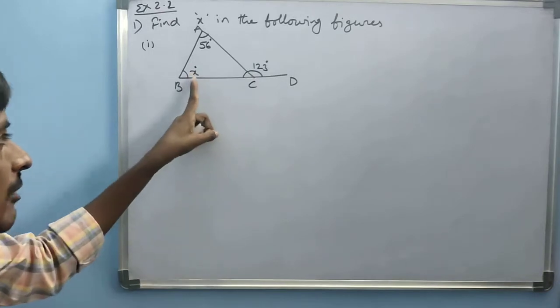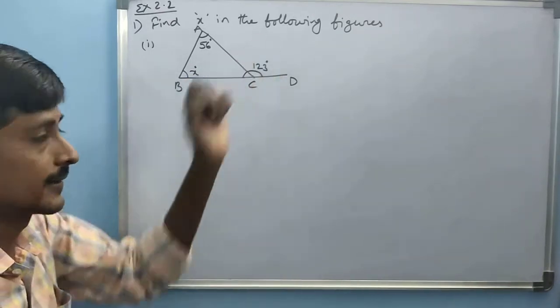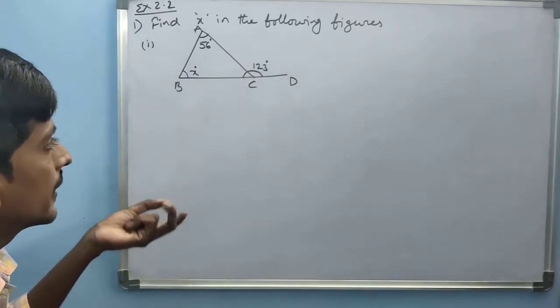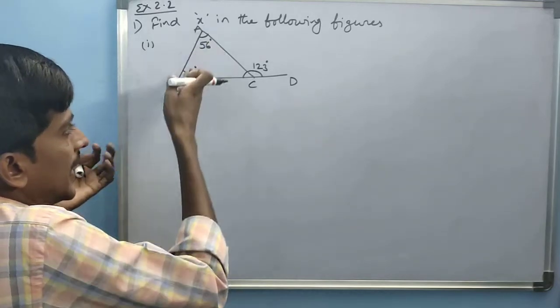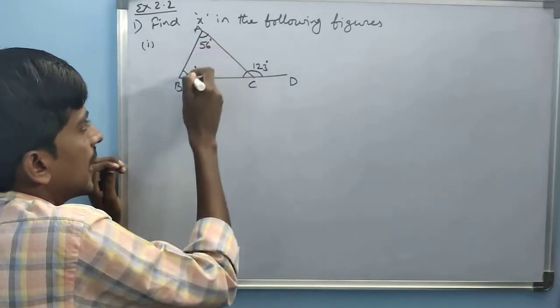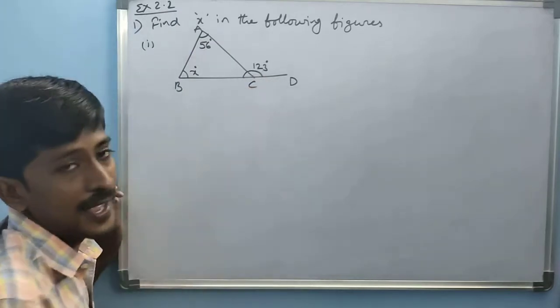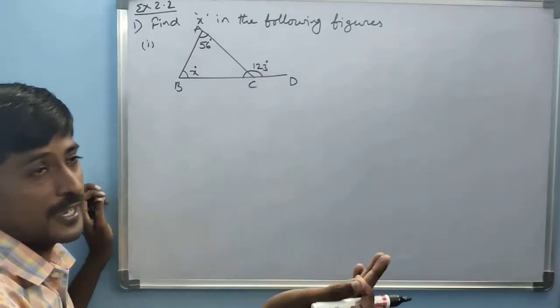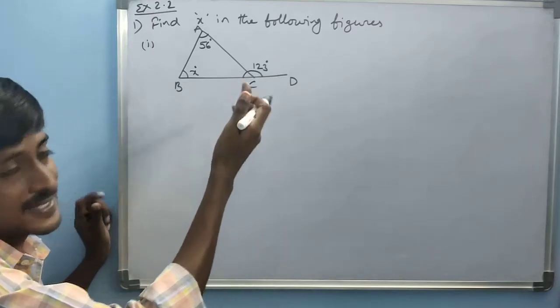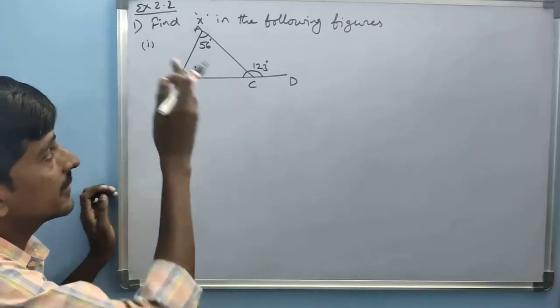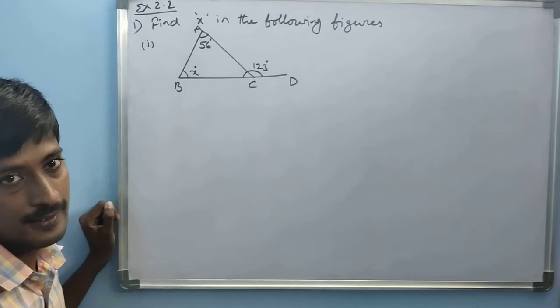Find the value of x. Here there are two interior angles in the triangle. These two angles, A and B, are interior angles, and 123 is the exterior angle, outside the triangle. That is called the exterior angle. What is the relation between these two angles and this angle?